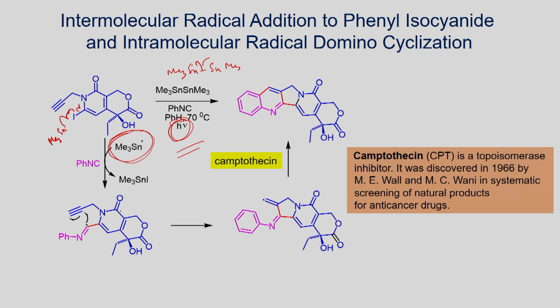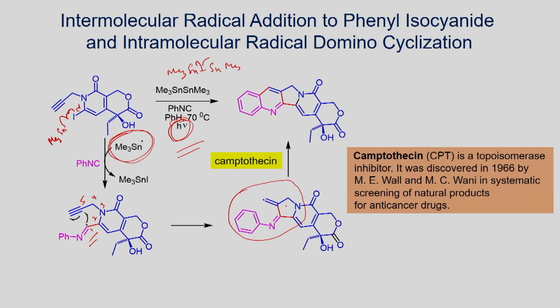and you will be able to form a radical. This radical can undergo addition reaction with isocyanide, addition reaction that can lead to formation of this radical. Once you form this radical, this can undergo exo cyclization to give this derivative.